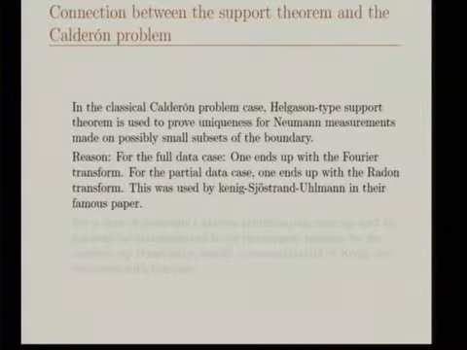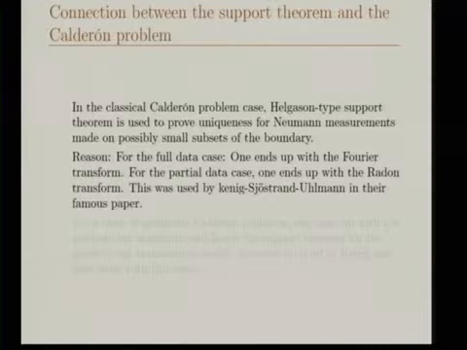But if you have partial data, in the sense of measurements on very small subsets of the boundary, then you end up with the Radon transform, or a Radon type transform, and then you want to be able to show uniqueness. That is where the support theorem comes in. You want to eat away at the support of the conductivity to show that the conductivity is actually equal to 0. I'm dealing with the scalar case here, not the anisotropic case.